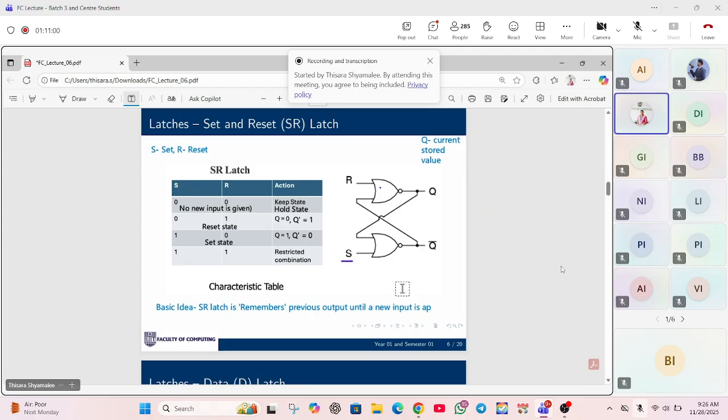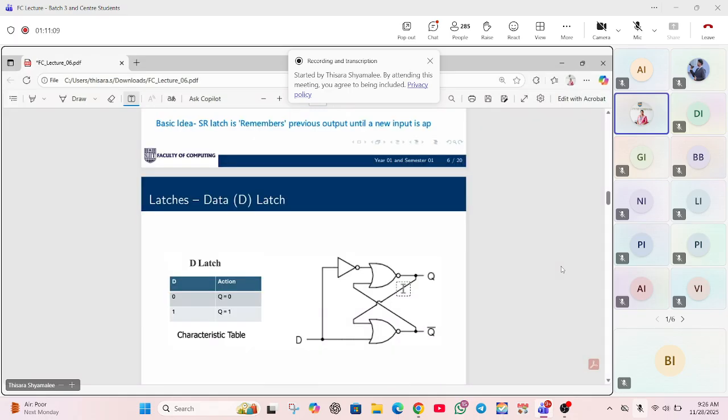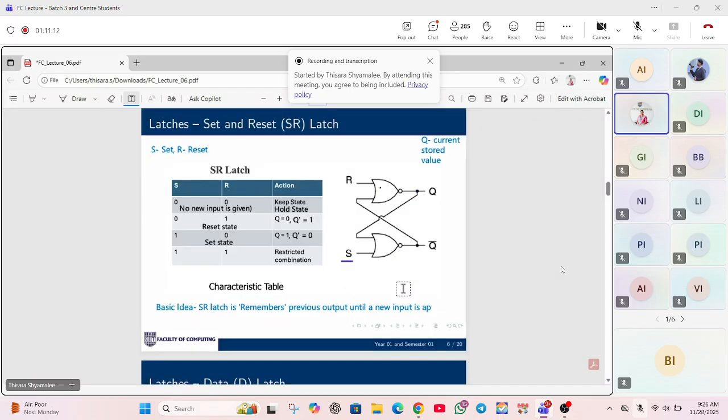So actually, as I mentioned previously, there are some latches, the SR latch and also the D latch. So this has some kind of a deep process.